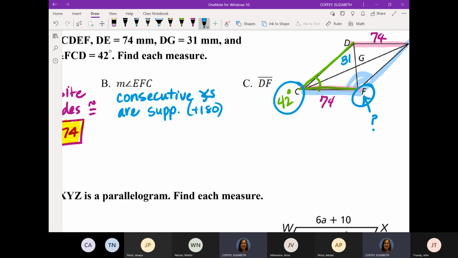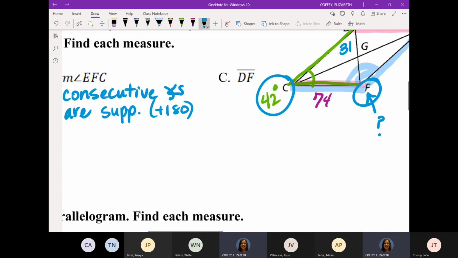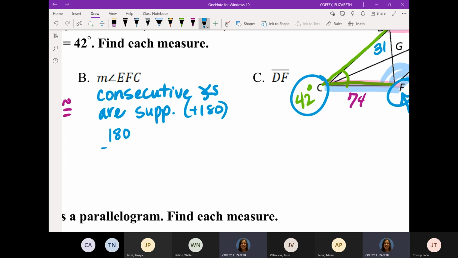So if angle C is 42, how would I get the measure of angle F? Very good. 180 minus 42. And that's going to give us 138 degrees.